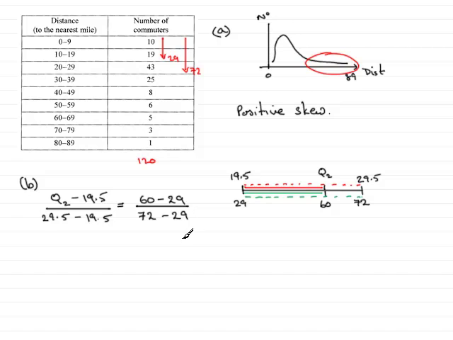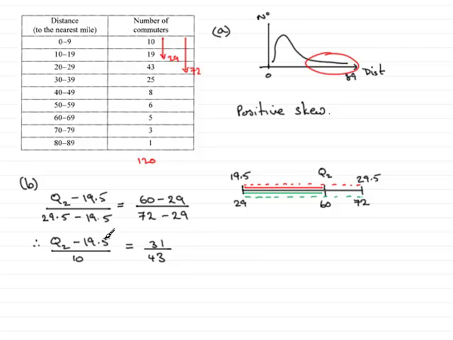So all I need to do is just simply rearrange this. Well, we've got Q2 minus 19.5, and if I subtract these two from one another, I get 10, and 60 take away 29 is 31, and 72 take away 29 is 43. So all I've got to do now is multiply both sides by 10.